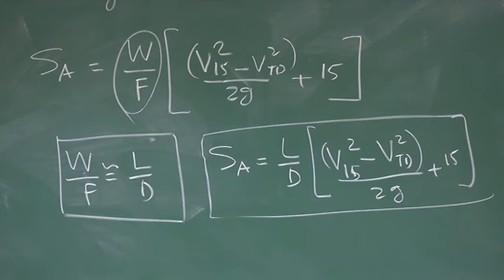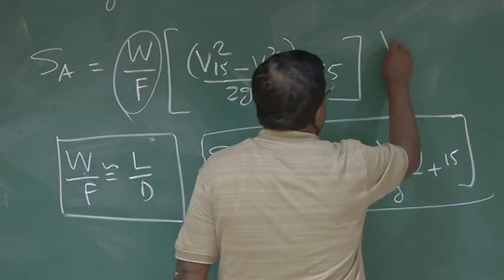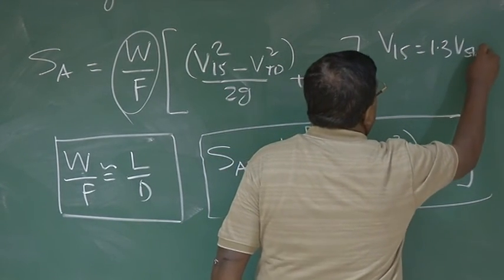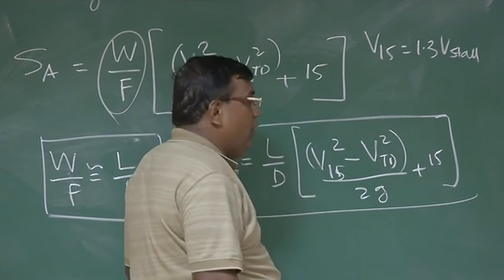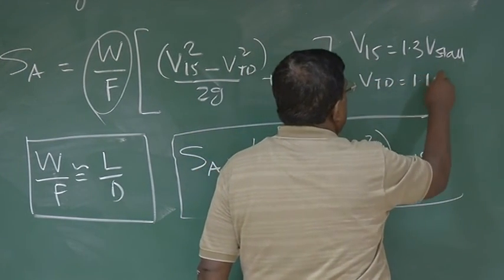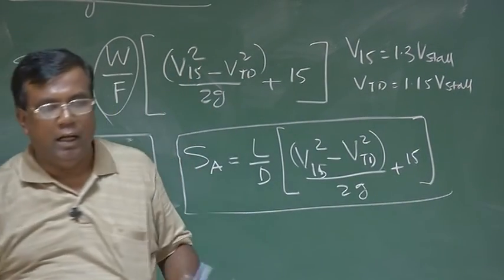Let's again revisit. Please remember, V15 is to be computed as 1.3 V stall with the flaps on, landing gear on, and V touchdown is 1.15 V stall, with flaps and landing gear out.